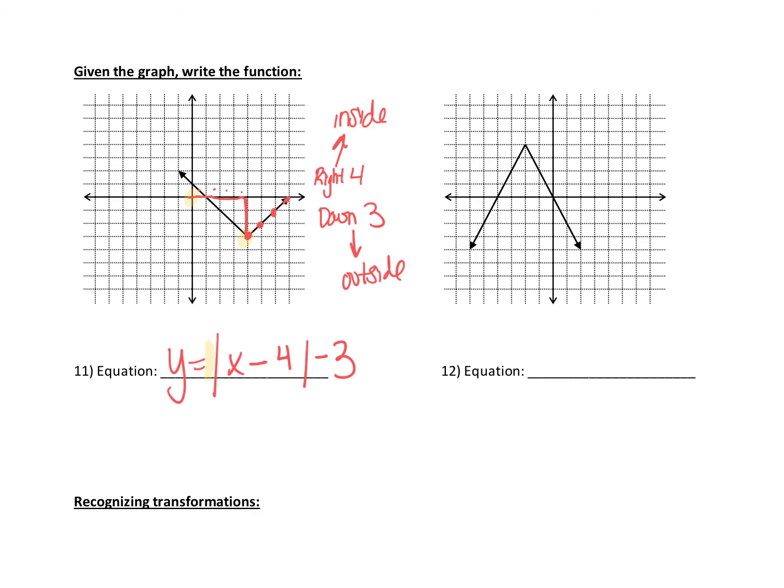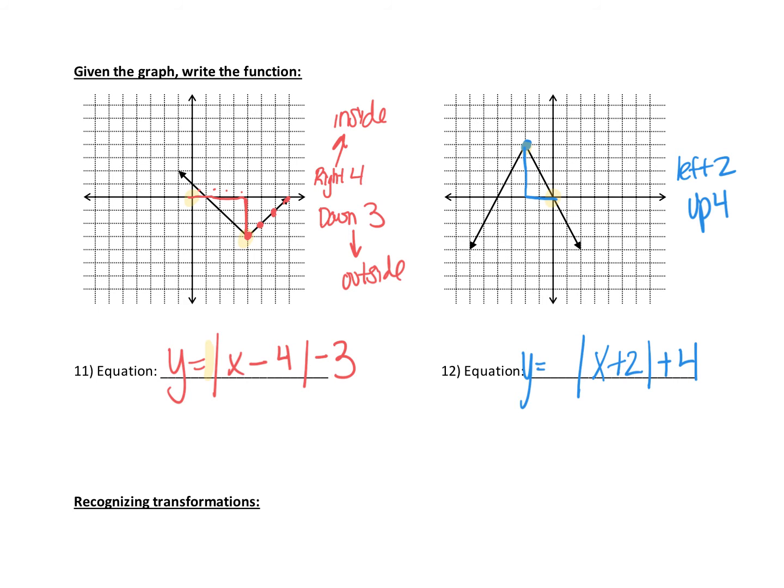All right, let's try this with this next one. So my starting point is here. Again, I want to compare 0, 0 to here. So I went left 2, and then up 4. Left goes on the inside, x plus 2, because left is plus 2. Up goes on the outside, so plus 4.